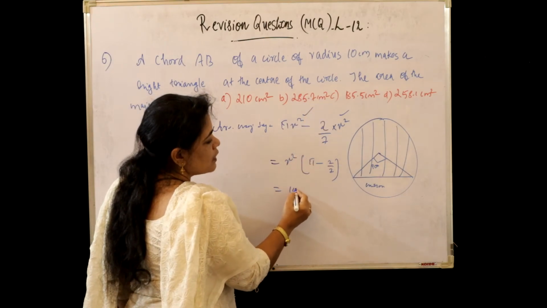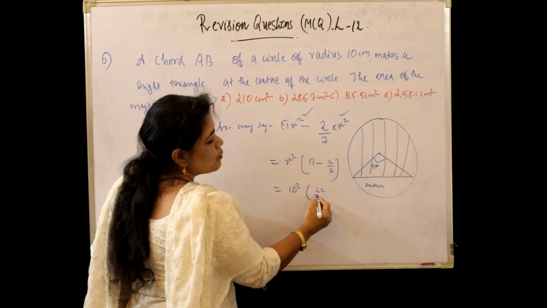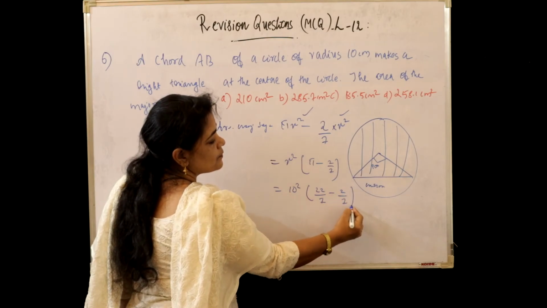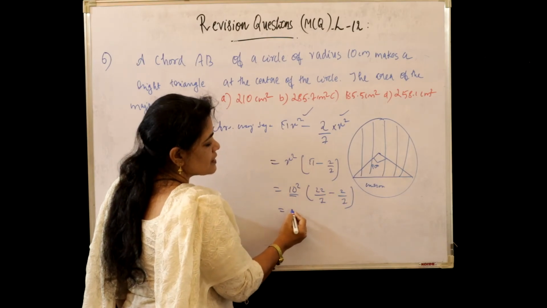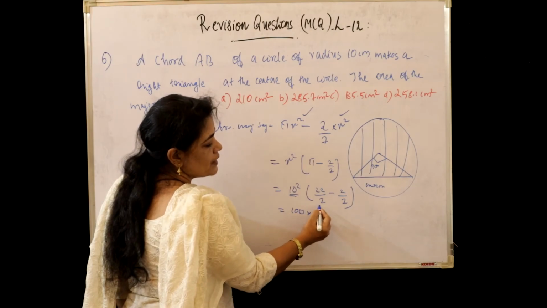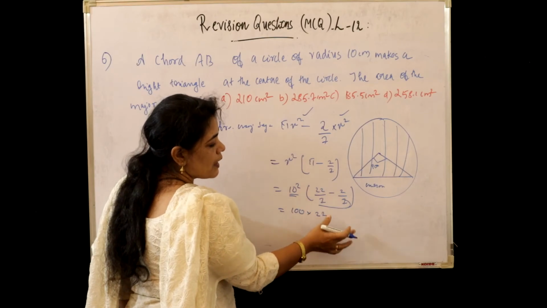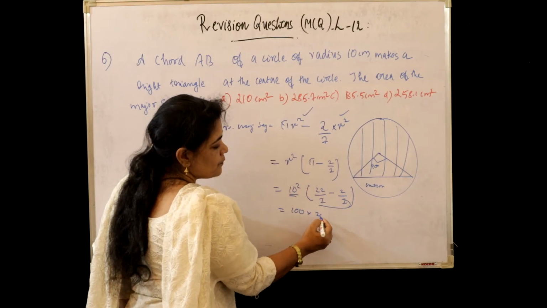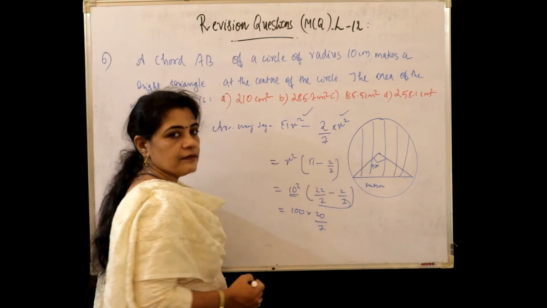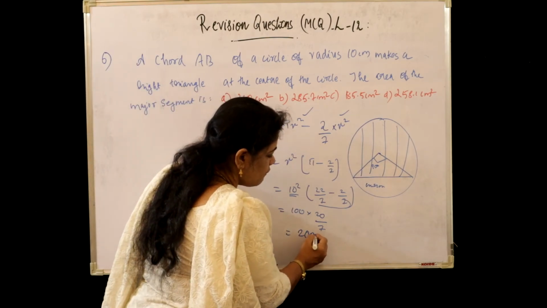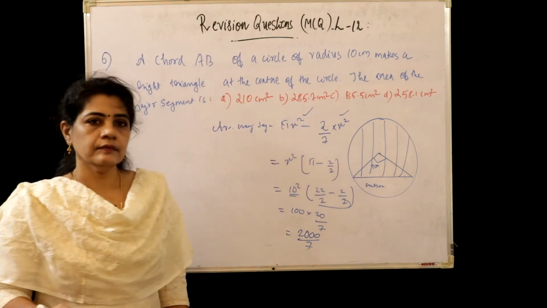So 10 square into 22 by 7 for pi minus 2 by 7. Okay, r square is 100, into 22 minus 2 is 20, divided by 7. So 2000 divided by 7.